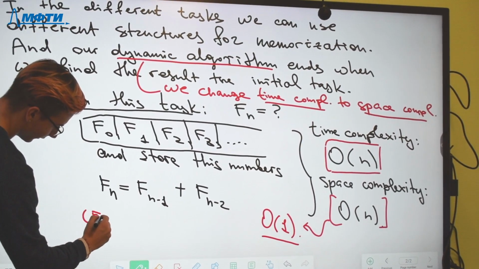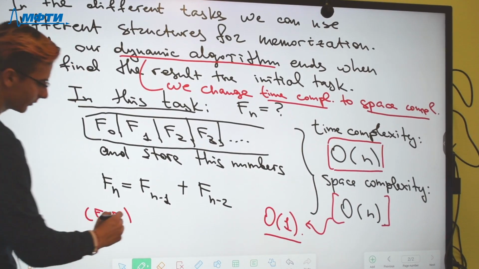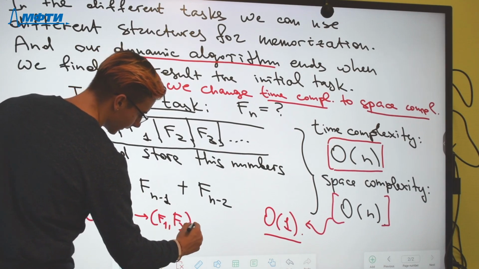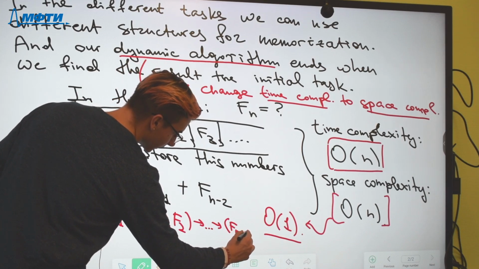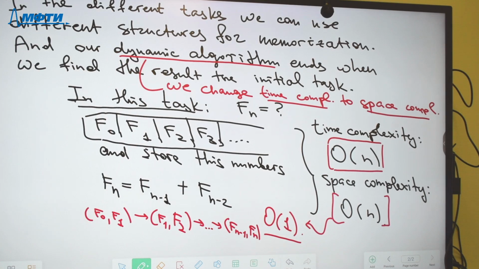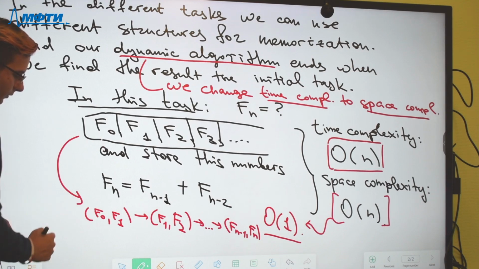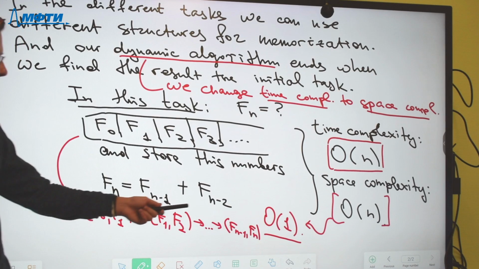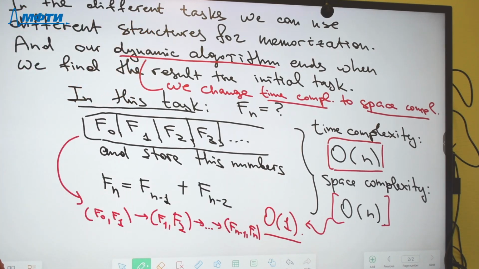Firstly we store these two Fibonacci numbers, then we replace them with the next pair, and finally we get the pair of the last two Fibonacci numbers. And you're right that if we change the array to this pair of integers, we spend only O of 1 space.